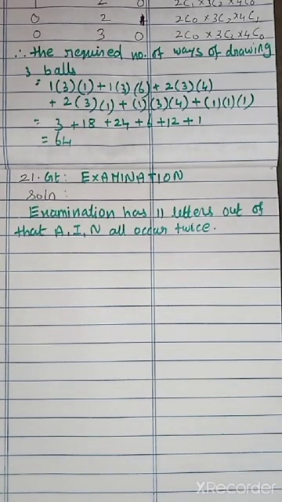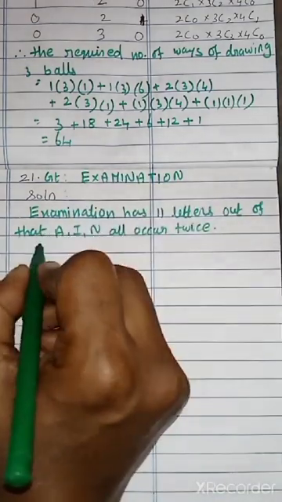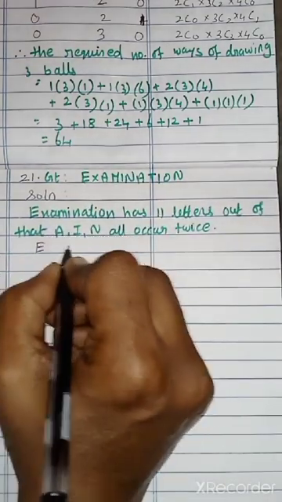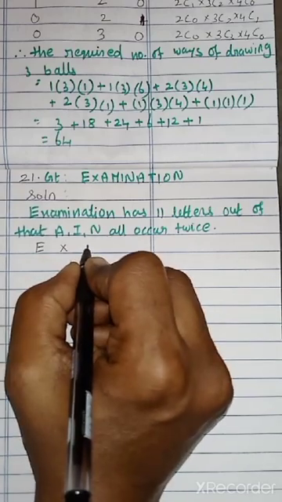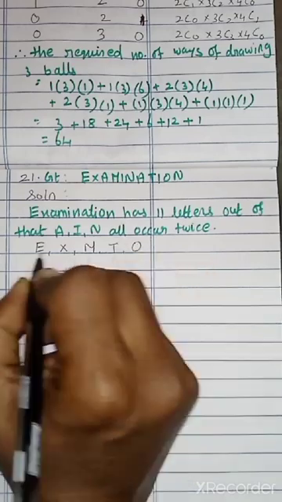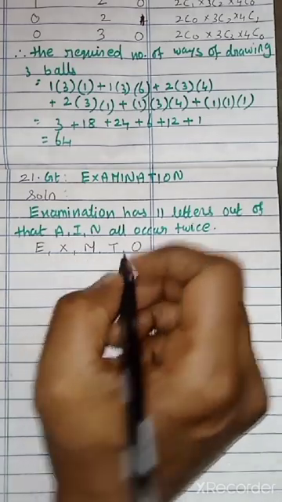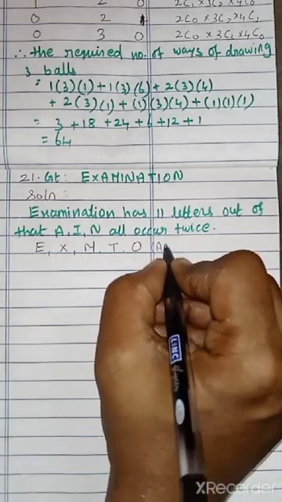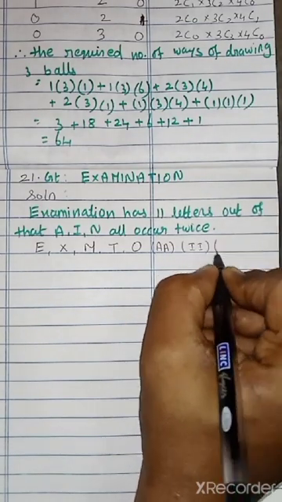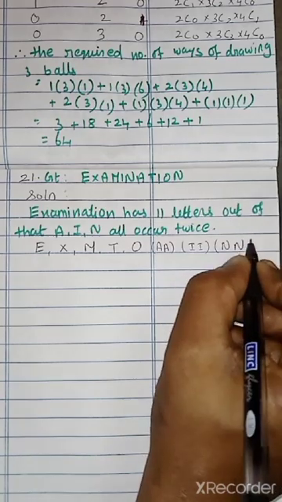Now we can write the distinct letters. So how can we write this? X, E, M, T, O. These are all distinct letters, and A, I, N. Correct?